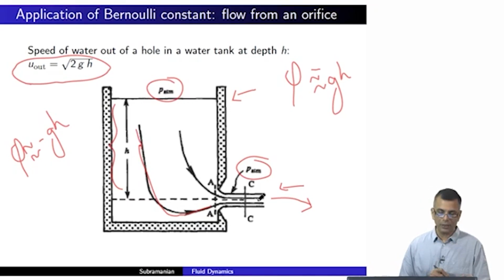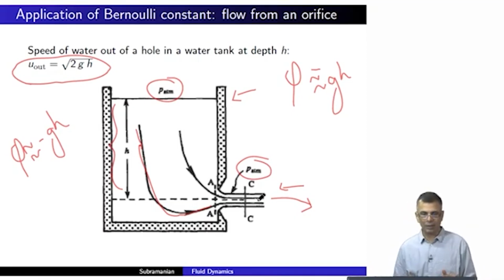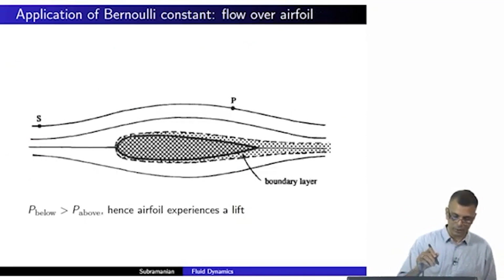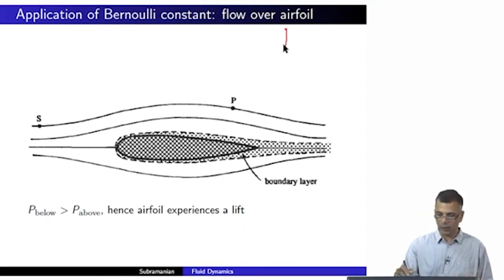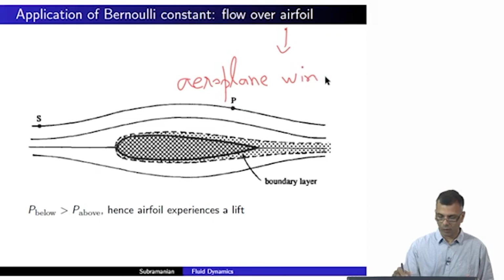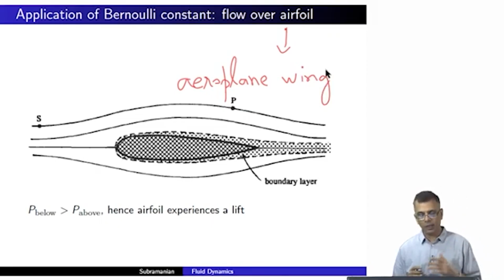Okay. Let's go to another nifty result, and that is this. This is flow over an airfoil or essentially an aeroplane wing. Why does an aeroplane wing experience a lift?